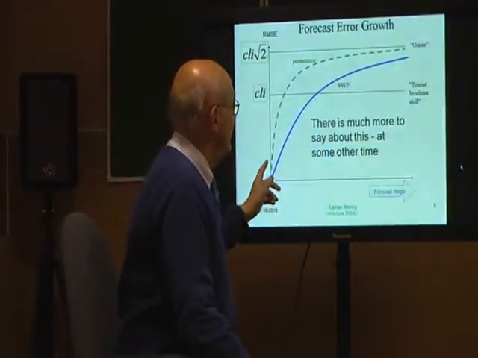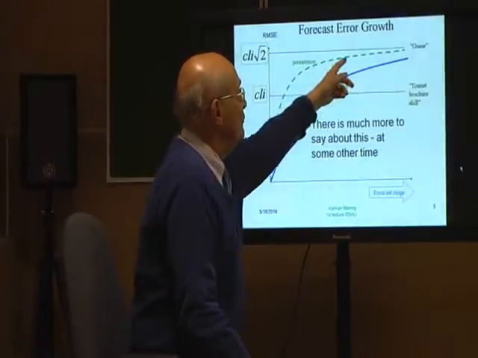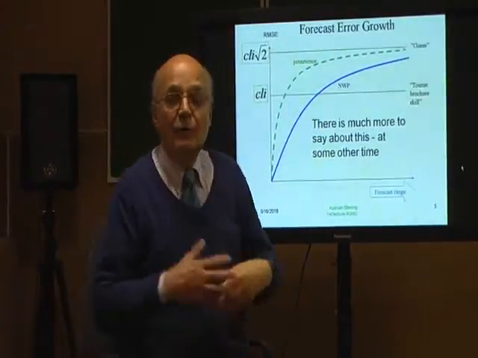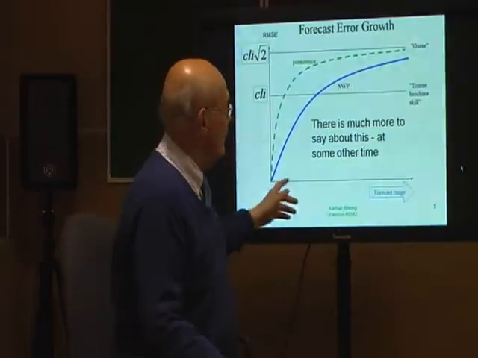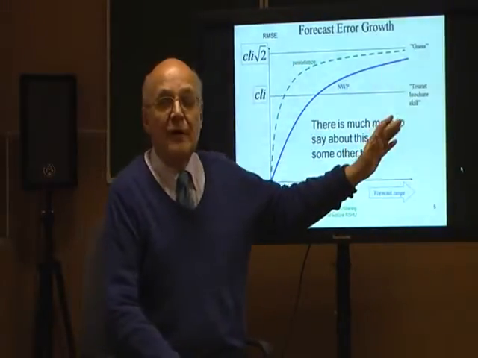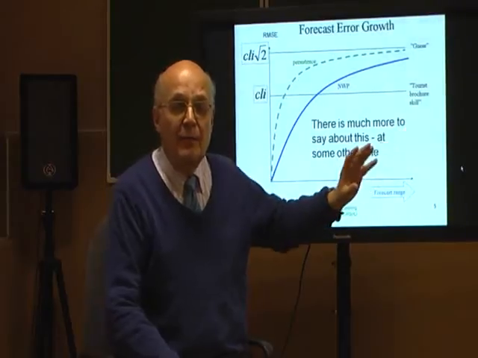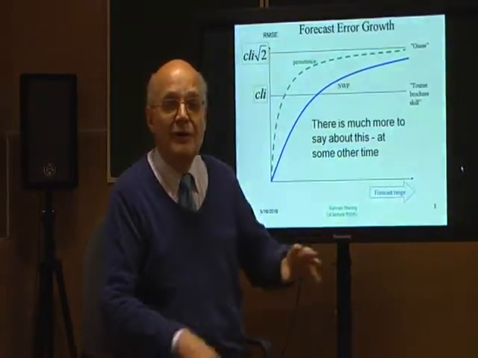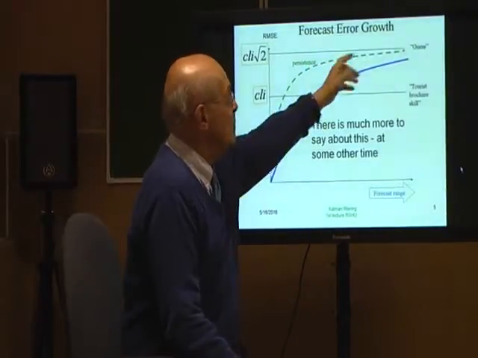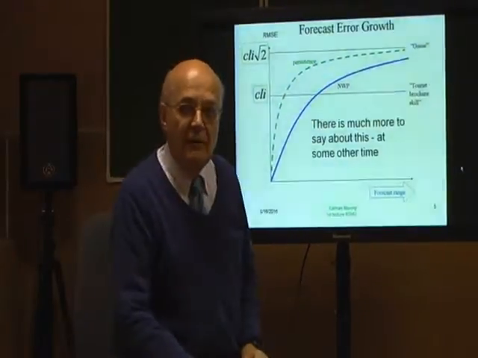As it so happens, this persistence forecast will end up more or less with the same skill as a pure guess. And this computer-made forecast will also ultimately, 5, 10, 15 days ahead, be no more valuable than a guess. So this forecast will also approach this higher error level.